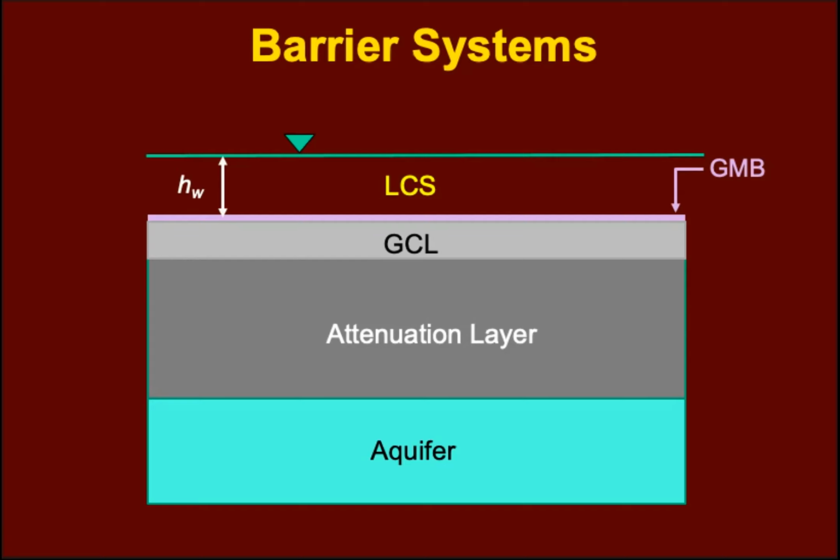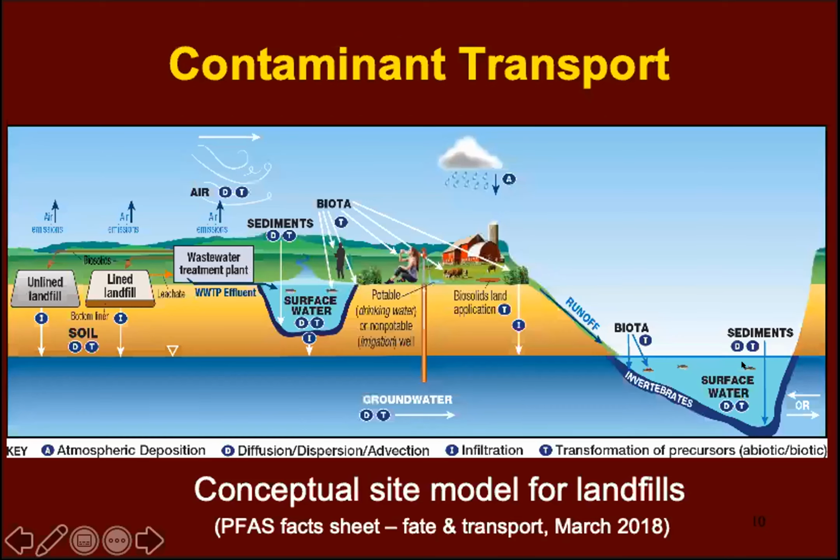I will explain how and why in a bit, but first I want to make sure that you know what I really mean by contaminant transport. Here you can see a conceptual site model of the landfill, the lined or unlined landfill, and you can see the different ways that contamination can happen. One of the ways is through gas emission.